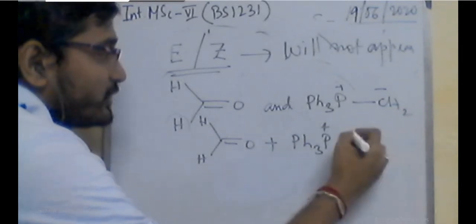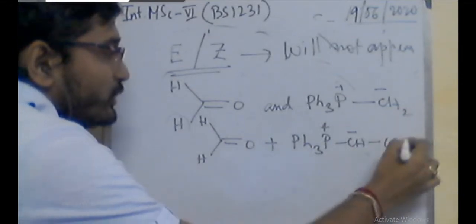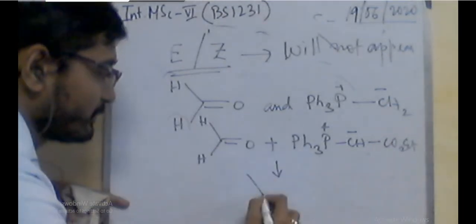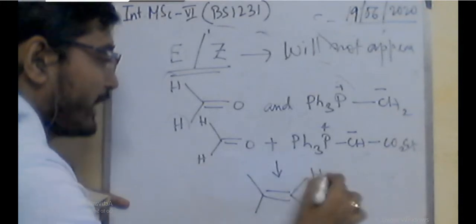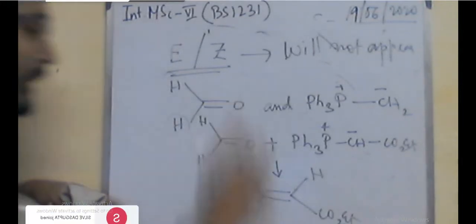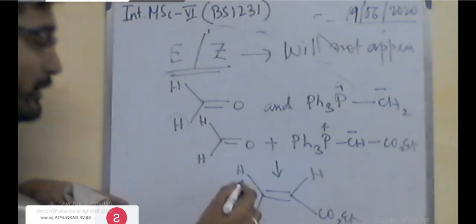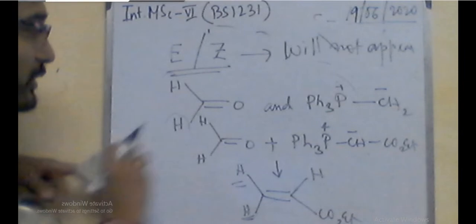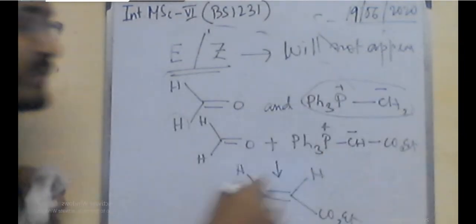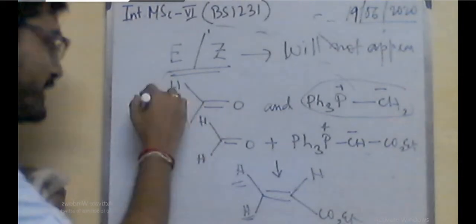No question of the cis-trans isomer, because these two are the same. Now if this is a simple phosphorylide, you have seen the example, there is no question of cis-trans isomerism. So just keep in mind, if your substrate is formaldehyde, or the reagent is this type of ylide, then there is no question of EZ isomerism.